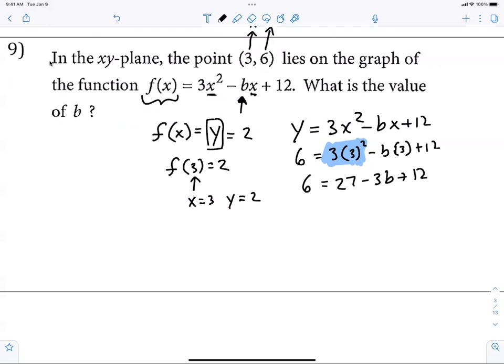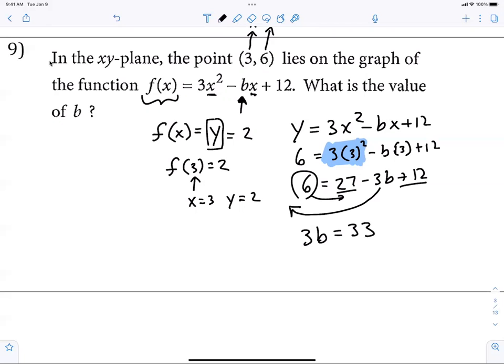All right, now does everybody agree I really want my b to be positive? So I say 3b equals, what's 27 plus 12? 39. Now this 6 is coming over, so I'm going to do what? Subtract. So 39 minus 6, 33.